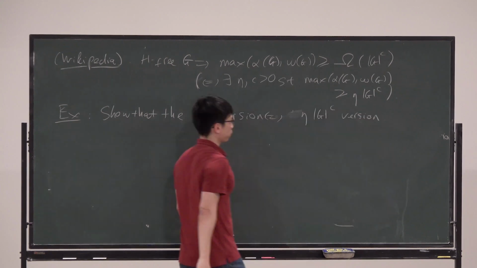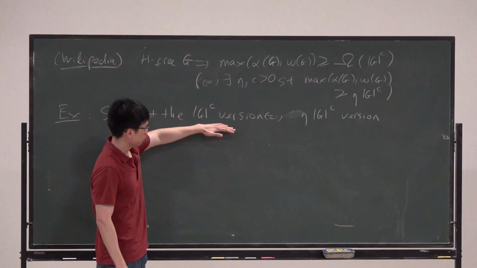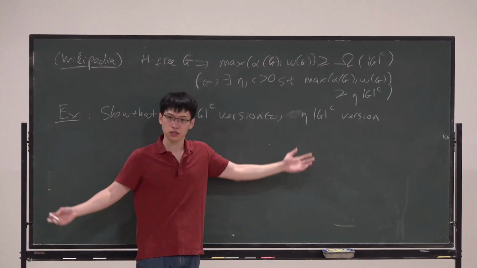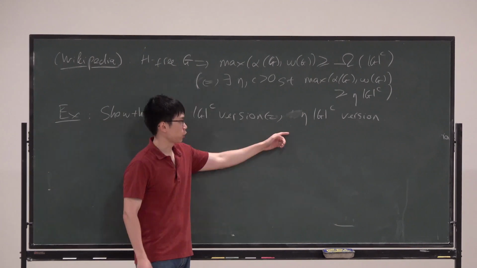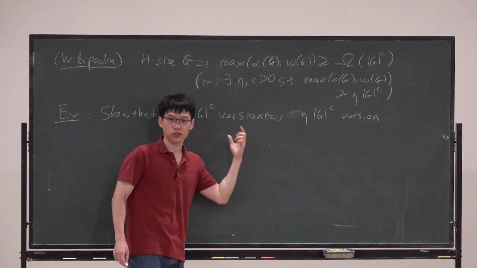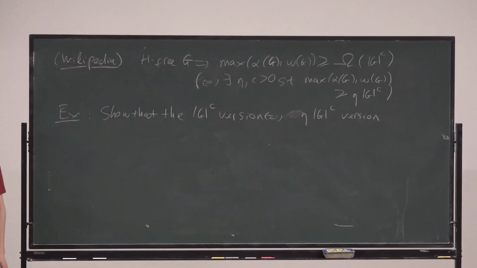Right, so immediately you can see that the first version implies the second version, right? You can just choose theta to be 1. And now the interesting part is to show that this theta version actually implies the first version. Does that make sense? With the different constant, so with possibly different c, so maybe c prime.